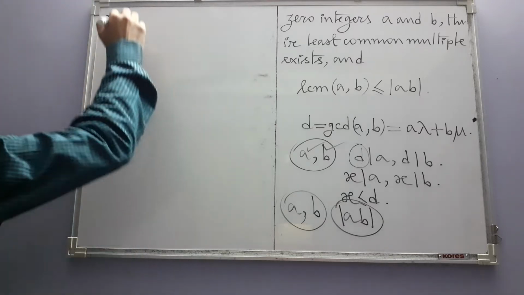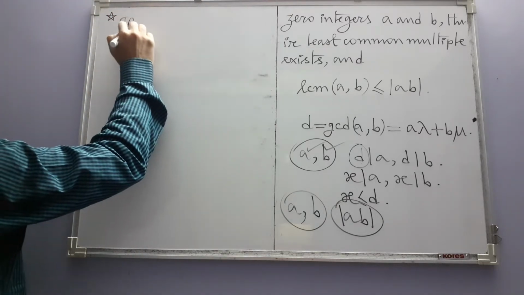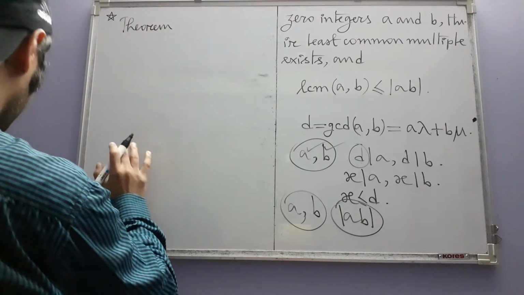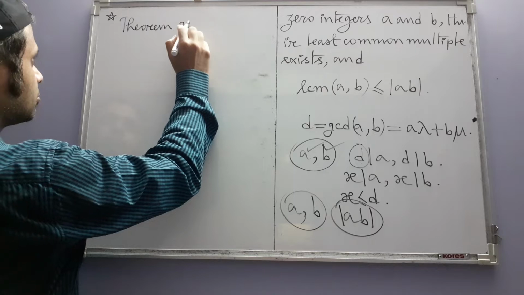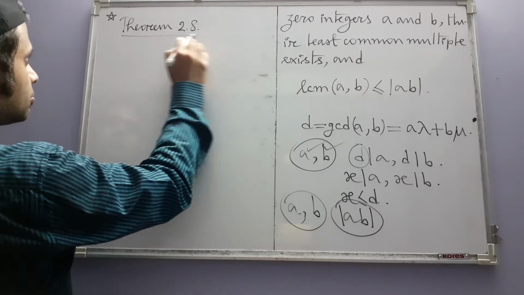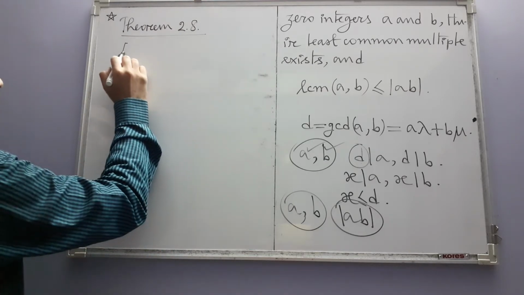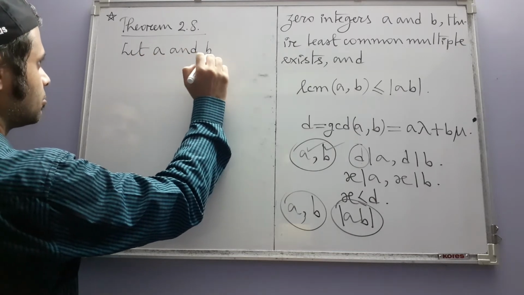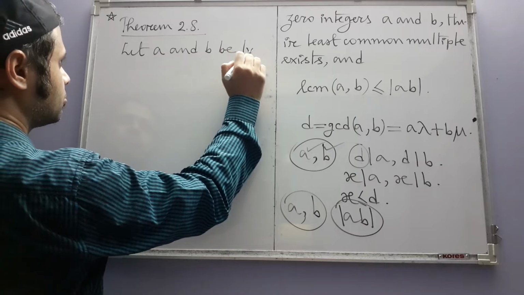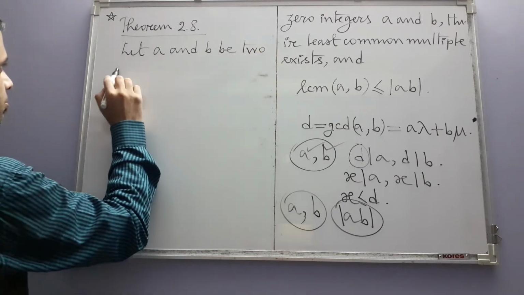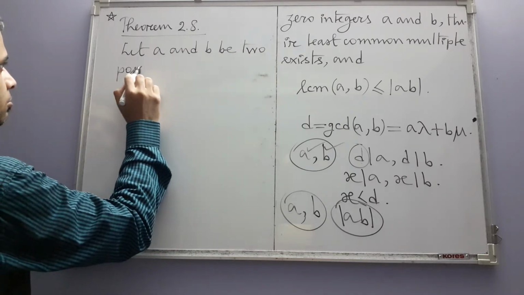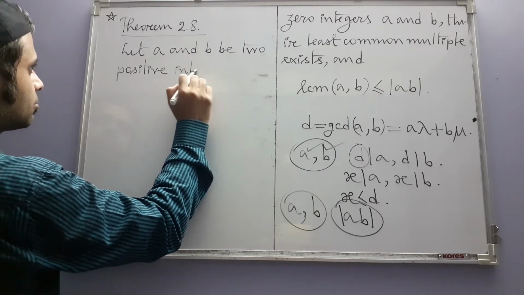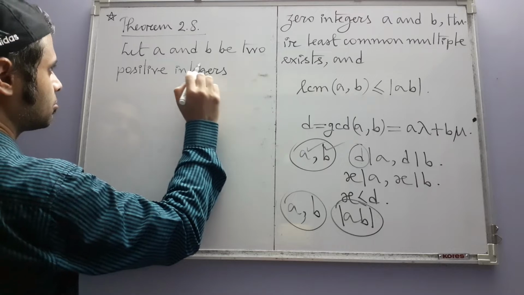Okay, so now finally we come to the relationship between GCD and LCM. Let A and B be two positive integers.